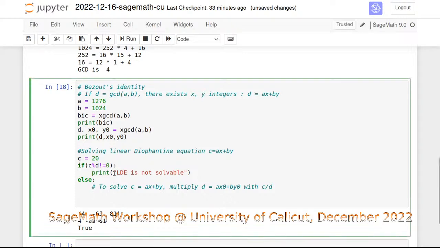Therefore, a solution is: x naught is already there, x naught with C by D, y naught with C by D.